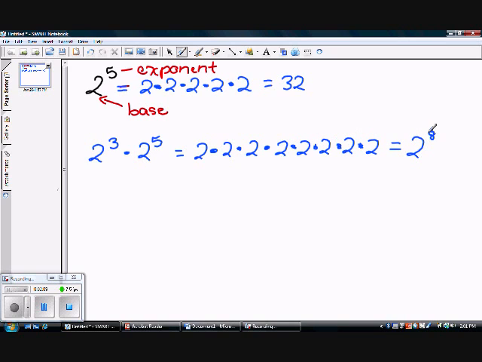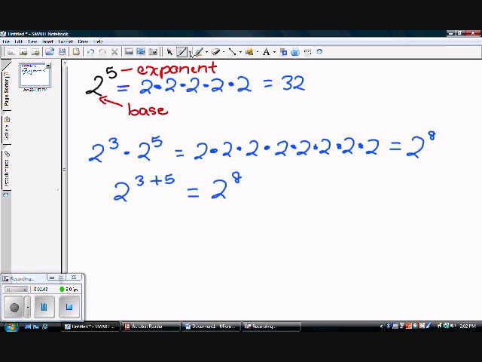So this is 2 to the 8th power. Is there an easier way we could come up with 8 besides working it out like this? It would be 2 to the 3 plus 5 power, which is 2 to the 8th power. If you add these, you get the answer. Anybody have any questions? Good.